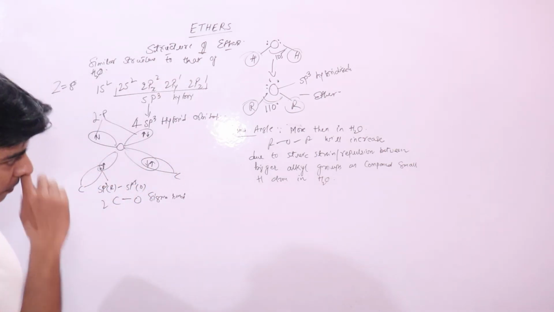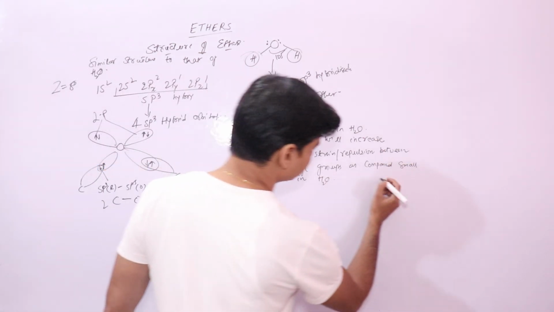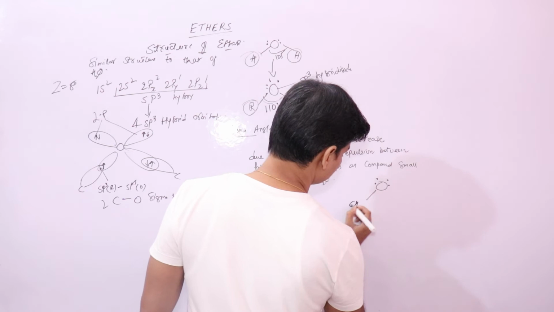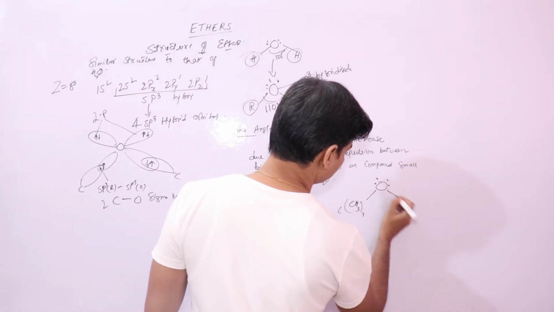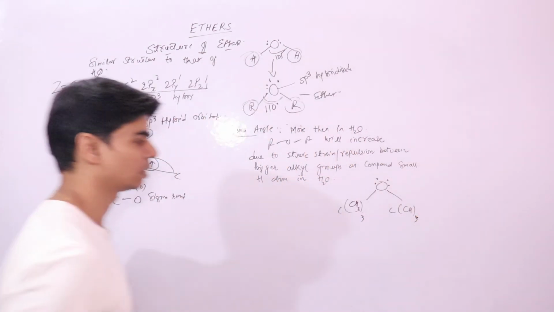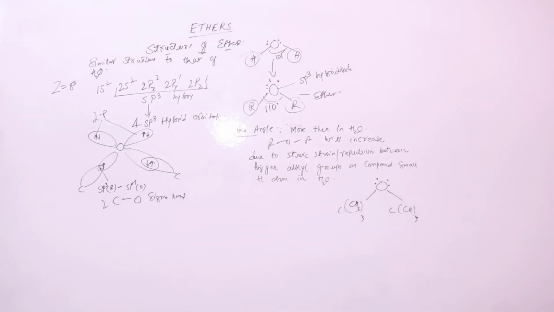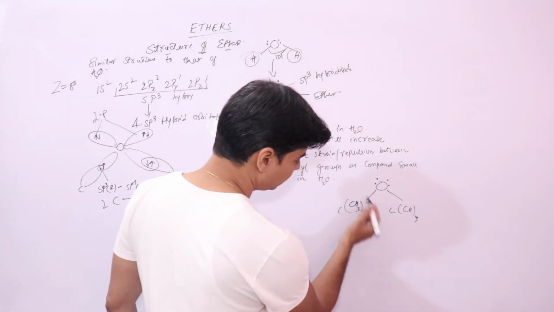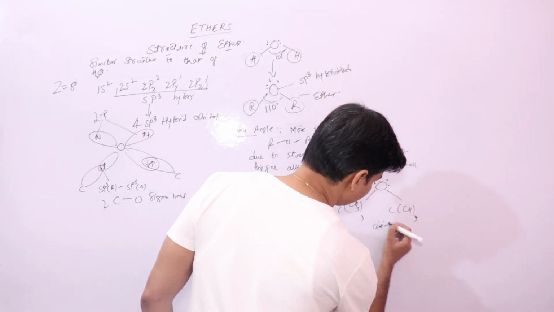Now, let me show you another ether, this one. The angle here is higher. It's around 132 degrees, which is even more than your normal ether.